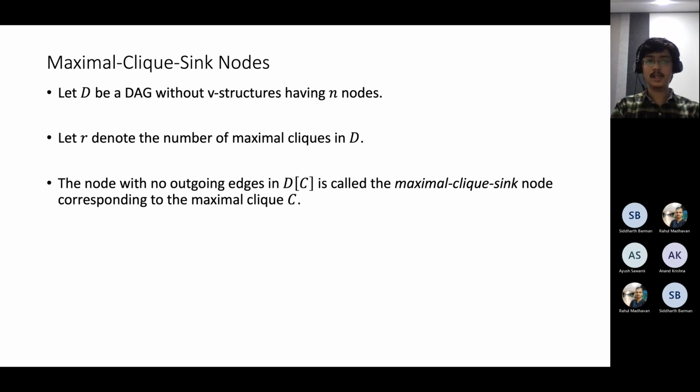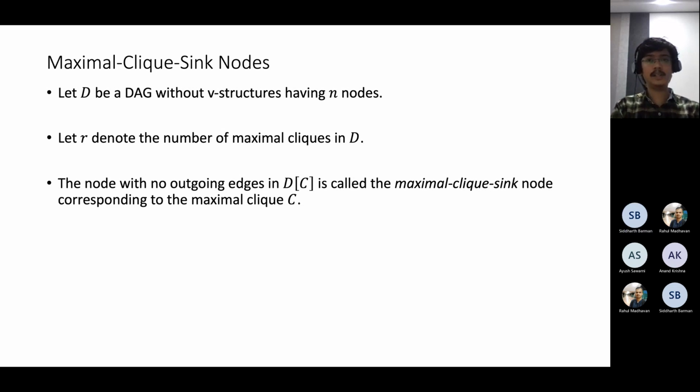Intervention on one connected component won't have any effect on another component, so we can treat these components independently. Therefore, it is okay to just consider DAGs without V structures, and the lower and upper bounds generalize to arbitrary DAGs.